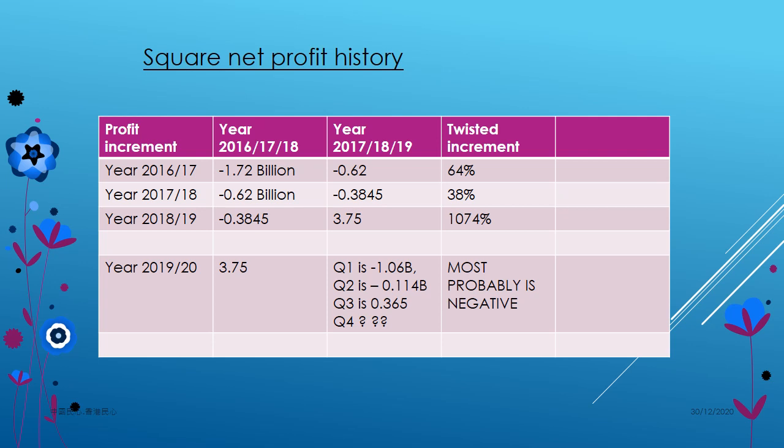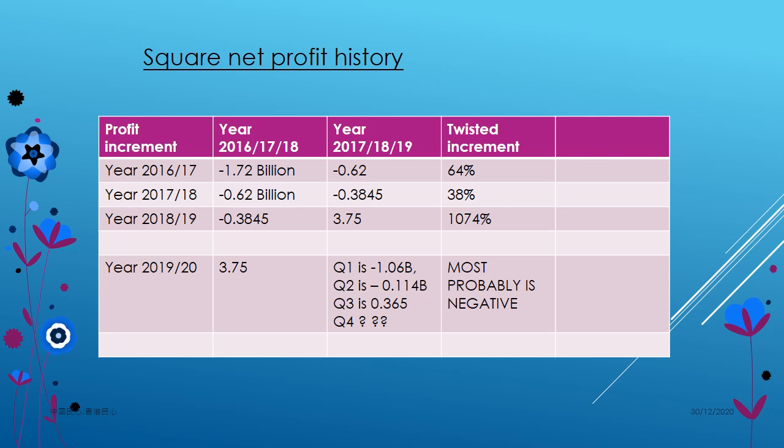When it moves up 1 year after, from end of 17 to end of 18, from a loss of 0.62 billion, it further lost less. Up till the end of 18, it only lost 0.3845 billion US dollars. So that is another twisted increment of 38%. Okay, we come to the dramatic year, from the end of 18 to end of 19, right?